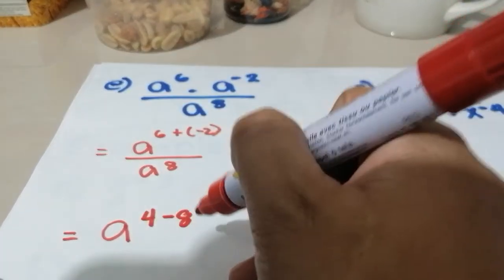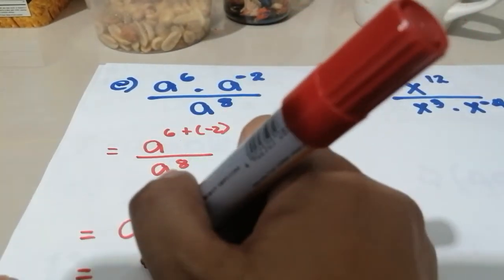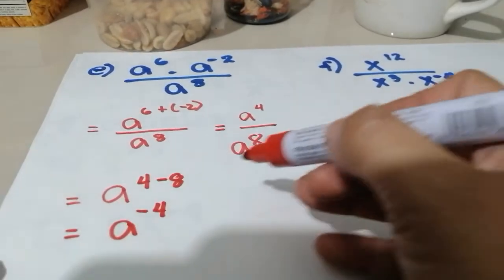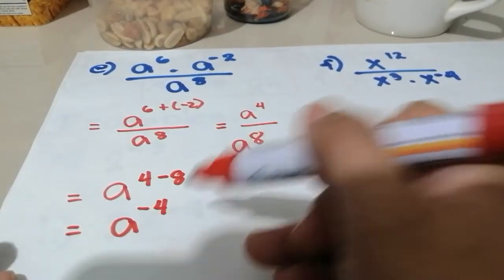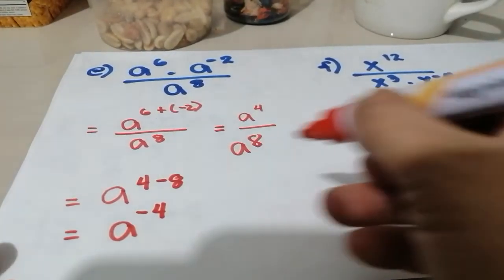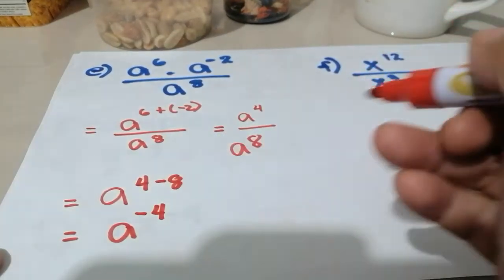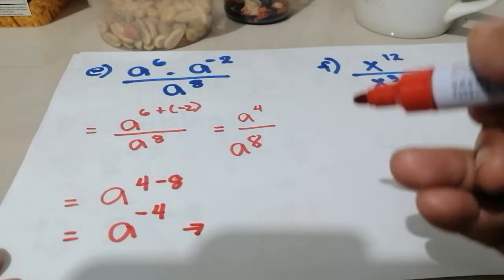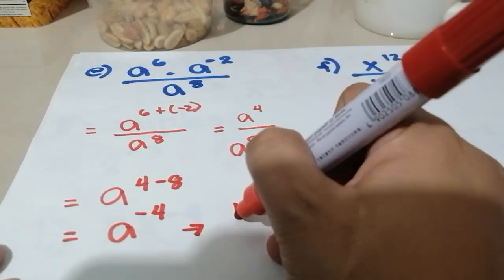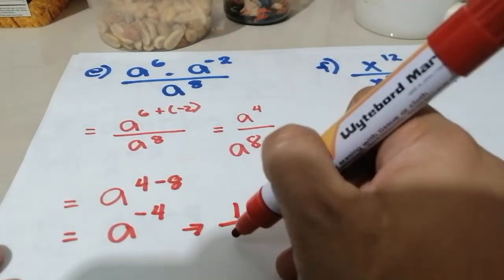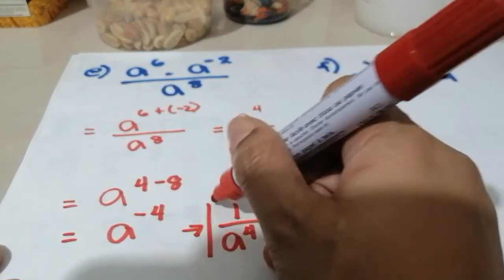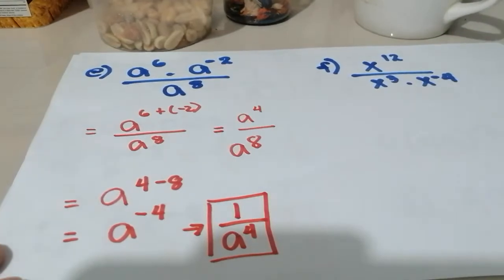So, 4 minus 8, that will be a raised to negative 4. At dahil ang exponent natin dito ay negative 4, ang mangyayari, we need to make this positive by writing this in fractional form. So, that will be 1 over a raised to the 4th power. Okay, so this will be the final answer.